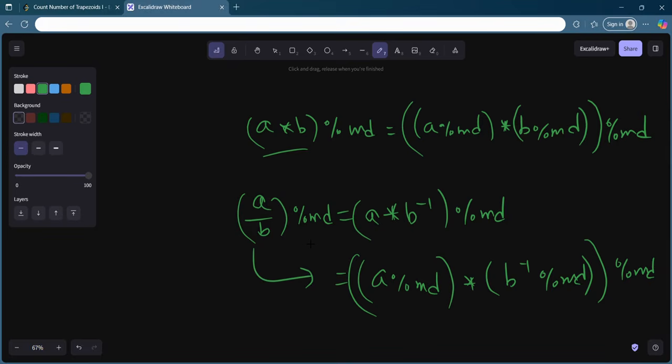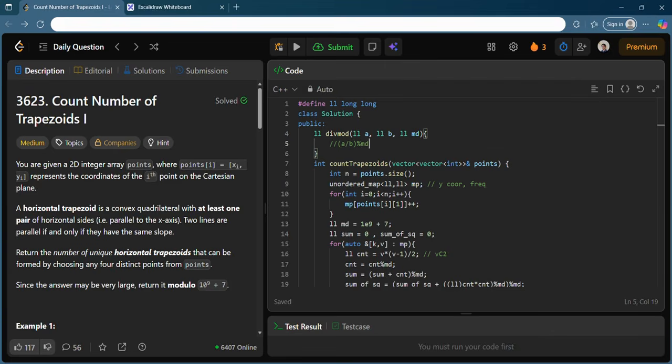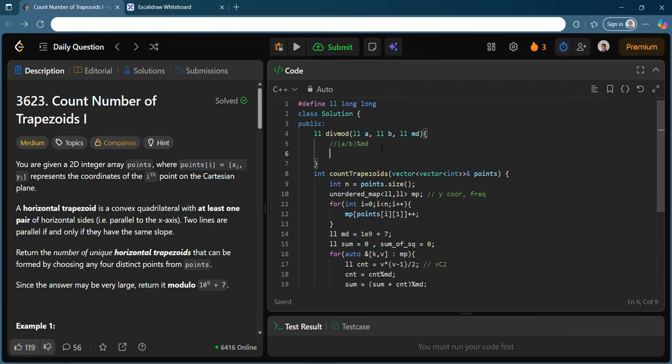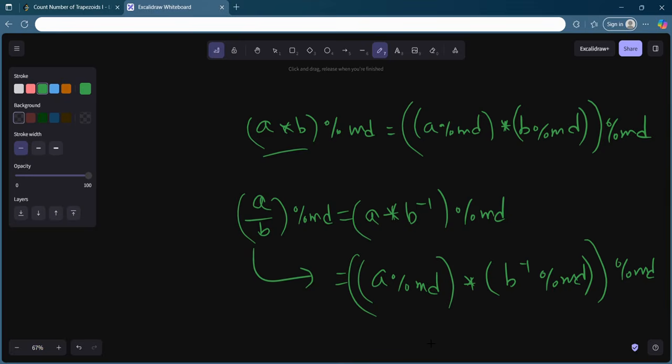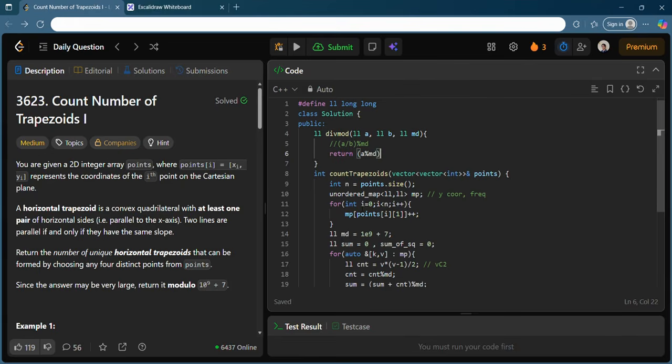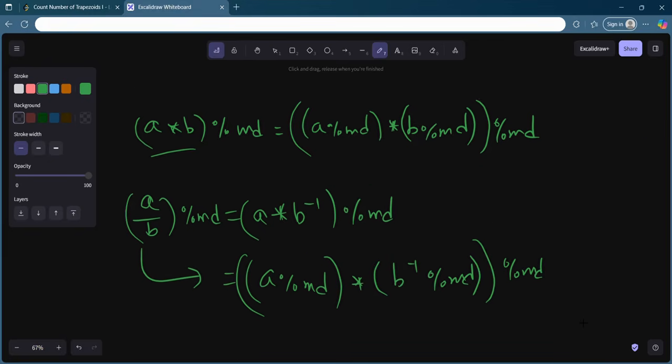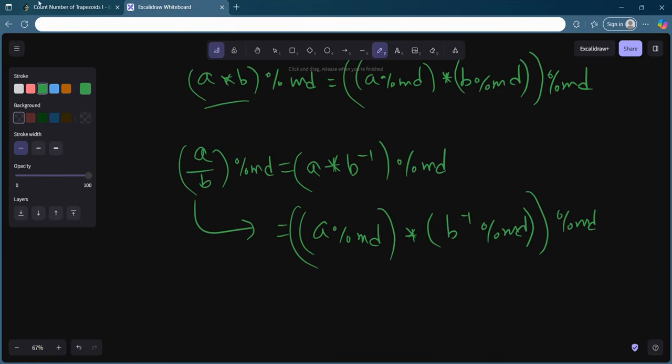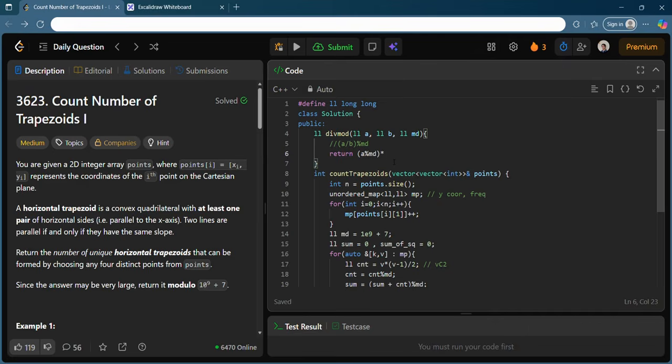So first of all, first write this. Okay, you know that div mod will return this, so first try to write this. So what does it do? It just returns a modulo mod, multiplied by b inverse modulo mod. So see, b inverse modulo you cannot calculate it so easily, so I will have another function for that.